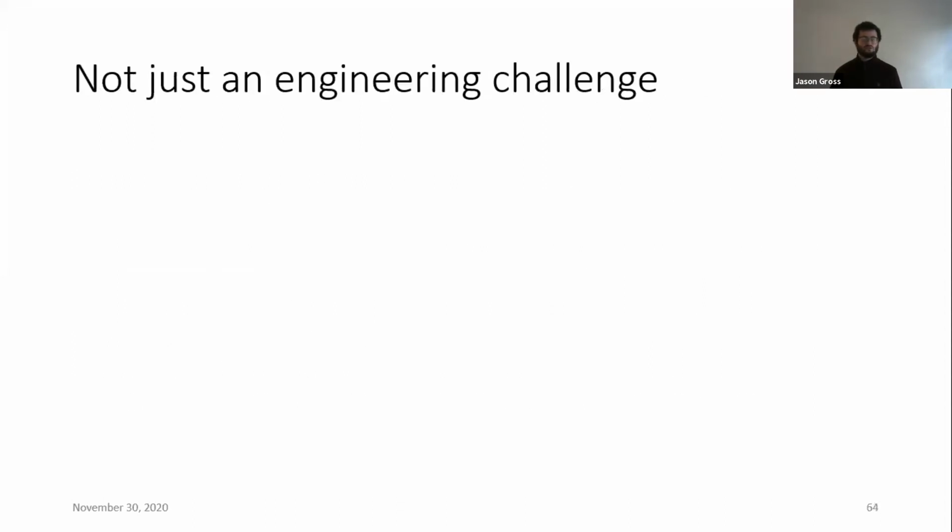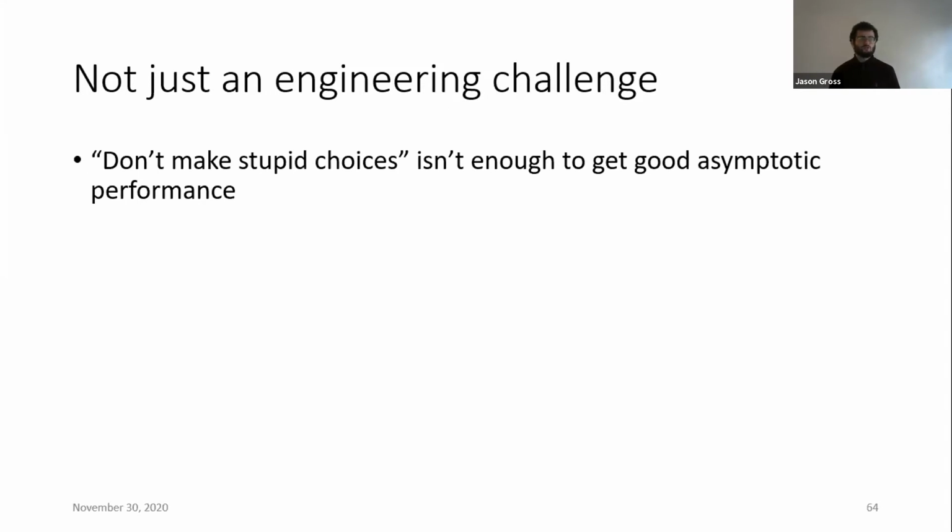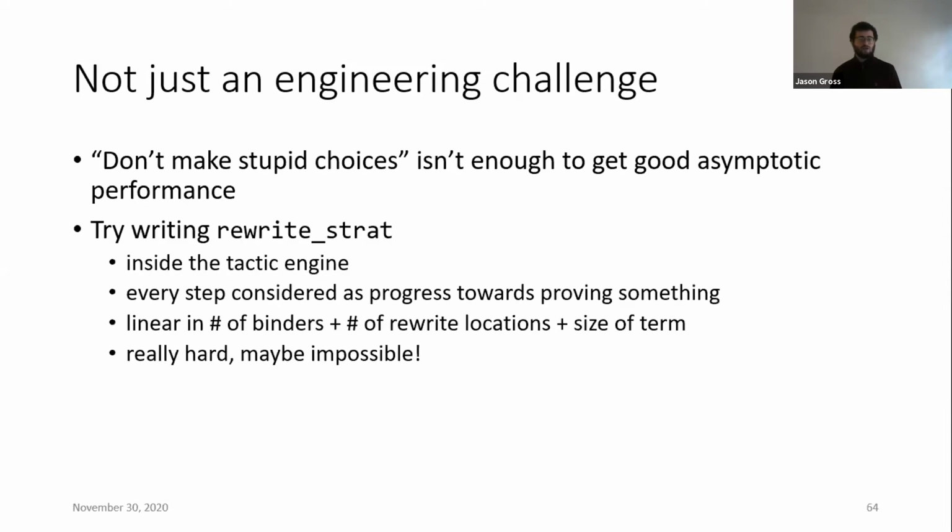And it's not just an engineering challenge to fix this problem, I believe. Don't make stupid choices isn't enough to get good asymptotic performance. And if you don't believe me on this point, try writing a version of rewrite strat inside a tactic engine where every step can be considered as partial progress towards proving something, and make it linear in the number of binders, the number of rewrite locations, and the size of the term that you're rewriting in, all as additive factors on each other, not as multiplicative factors.